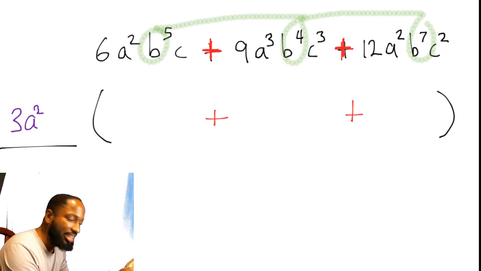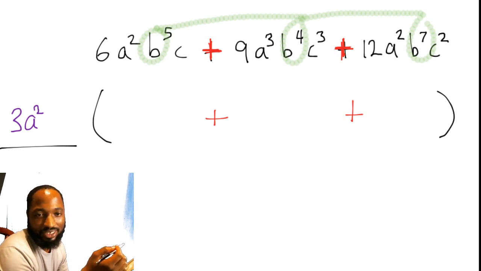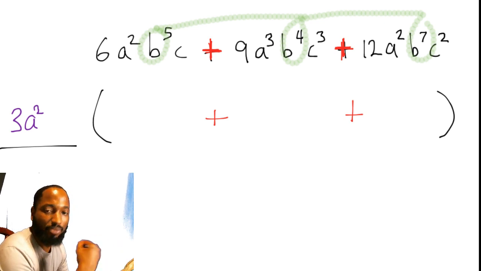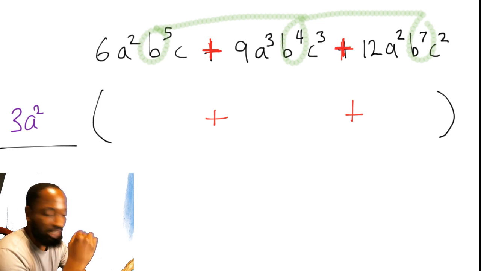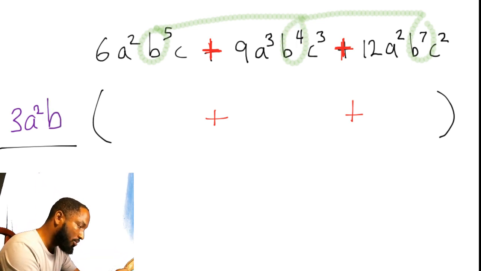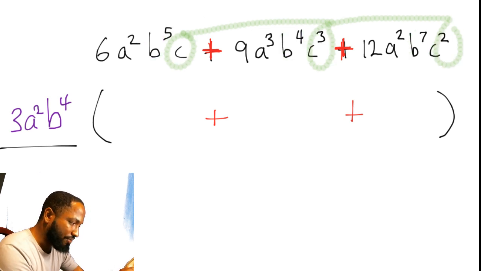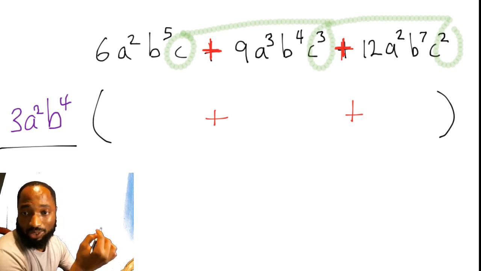Well, the highest one is the lowest one. What am I really saying? The highest index you can take out is the lowest index, which is 4. So we can take out b to the power of 4. Right? Now let's direct our attention to the C. What could come out here for C? Well, the highest one that could come out is the lowest one.